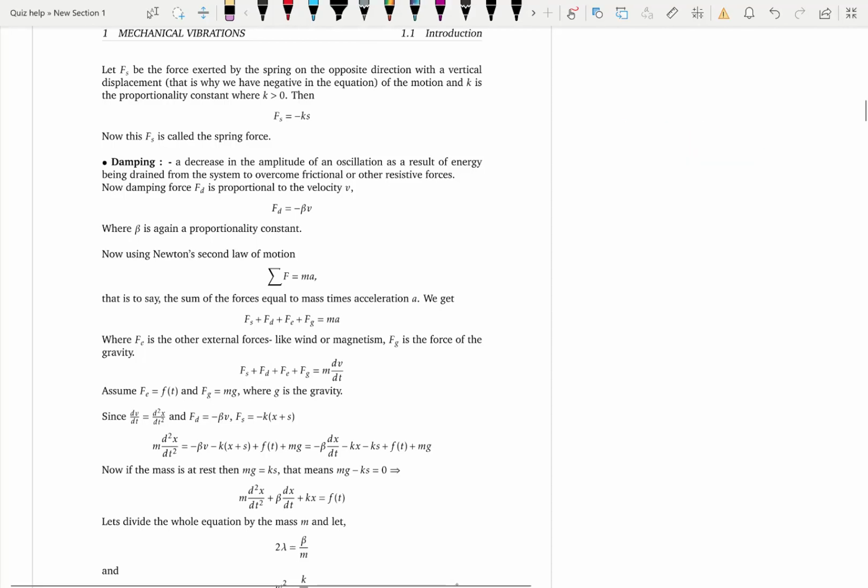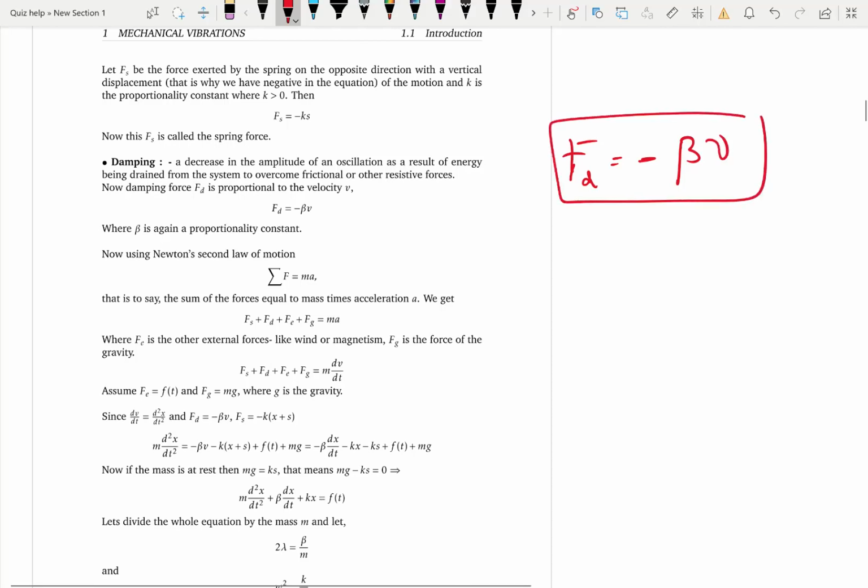That decay in amplitude is called damping, okay? So for damping forces, F sub D is proportional to the speed, and beta is the damping constant, okay? So we have damping forces and Hooke's law, negative K times (X plus S).